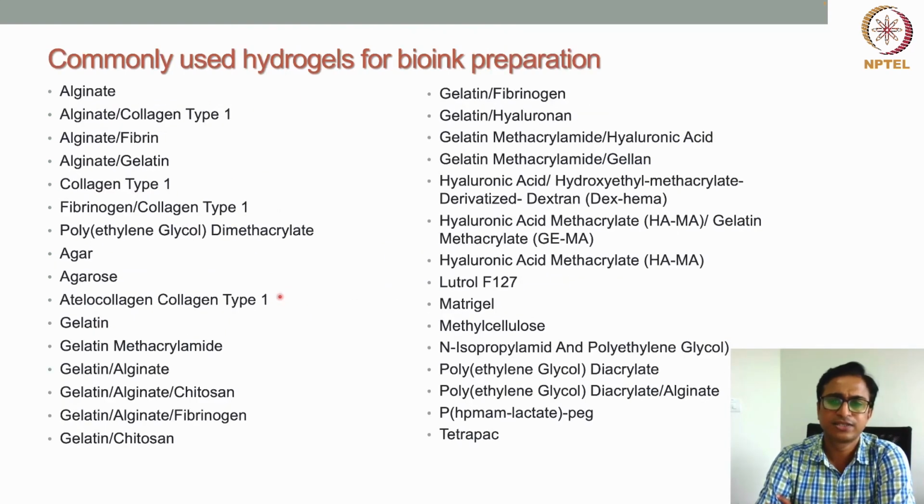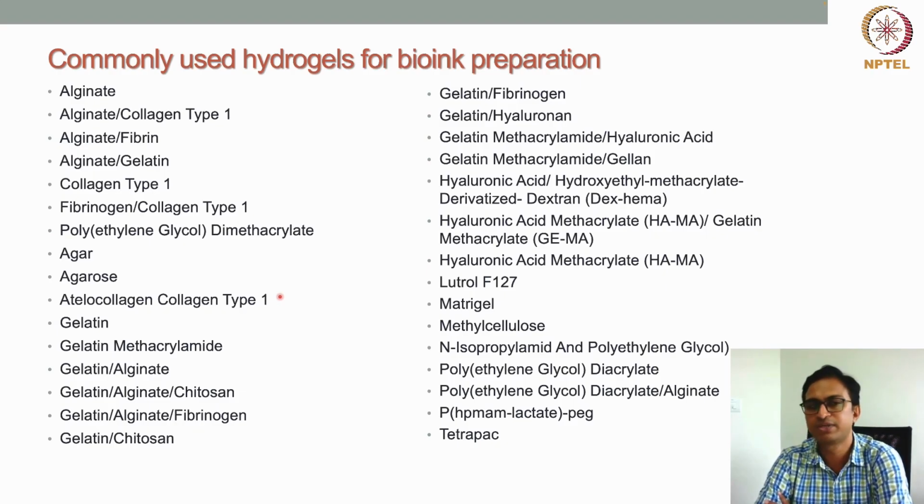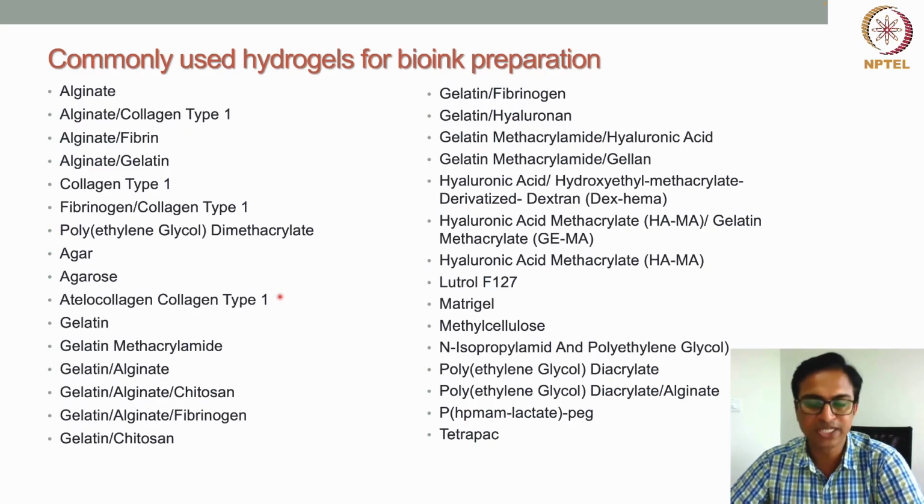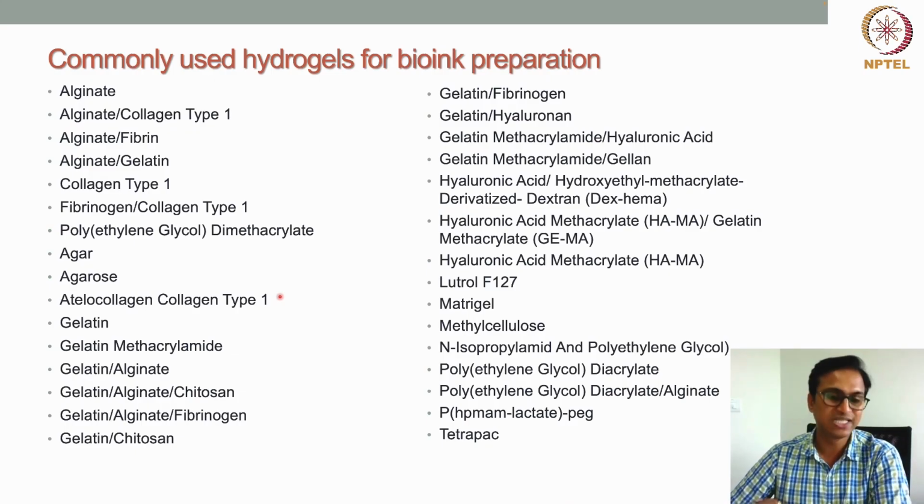In this slide, I have listed a few of the most commonly used Bioink materials, both single and multi-component. We'll see them one by one, but this list is not exhaustive. There are many more materials used as Bioinks for different applications.